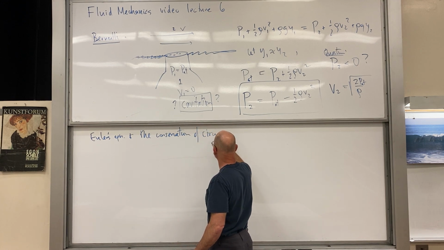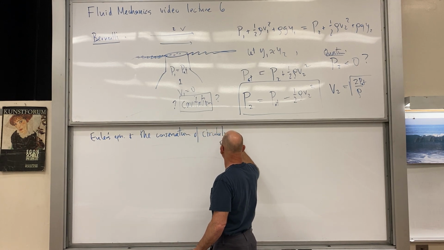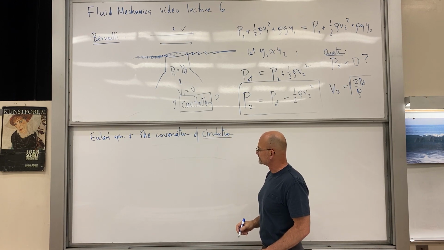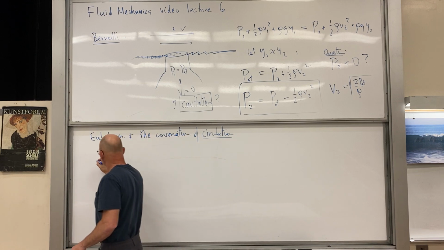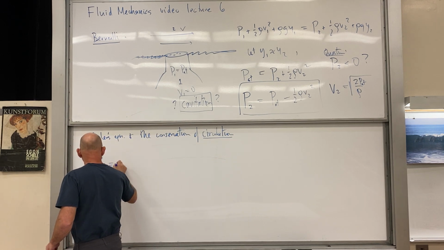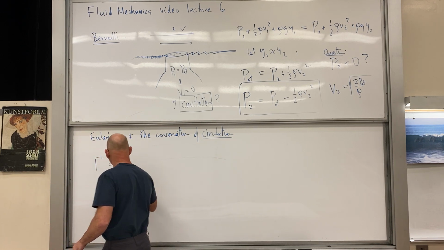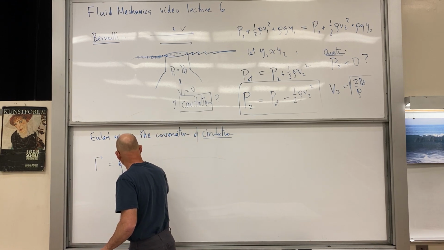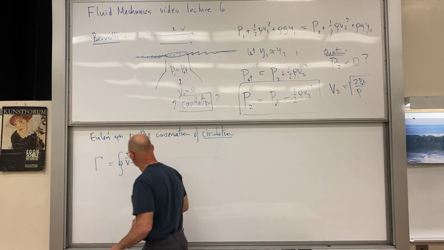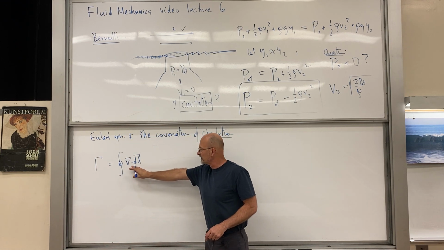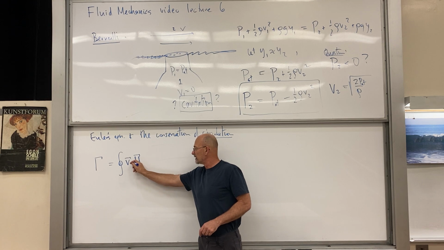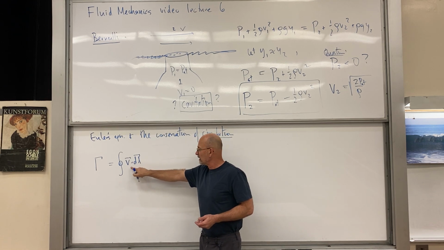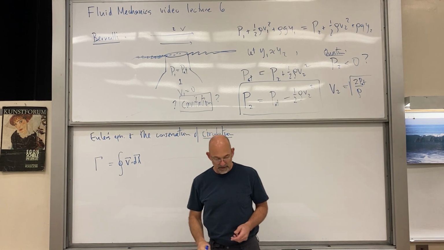This is our technical term. Circulation. And we'll just define it. It is the line integral around a closed curve of v dot dl. Okay, just the line integral of the velocity field dotted into the path around a closed curve. So that's the circulation.